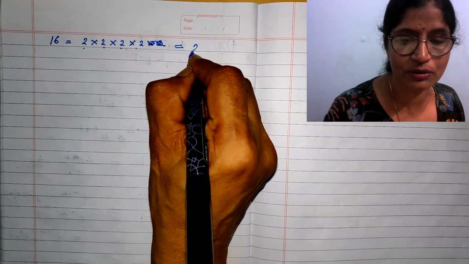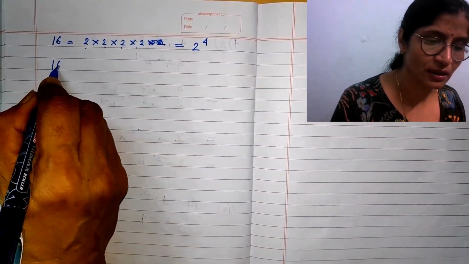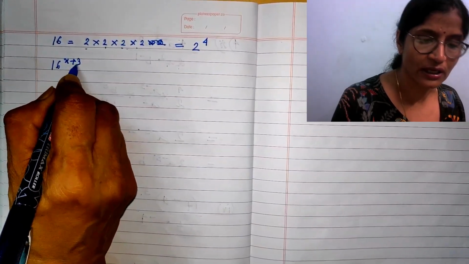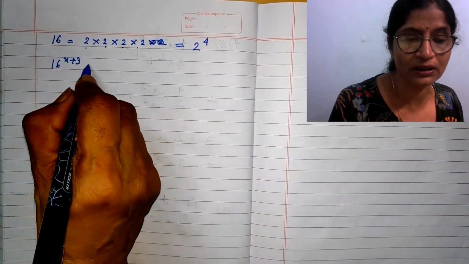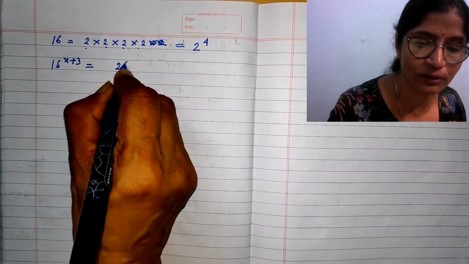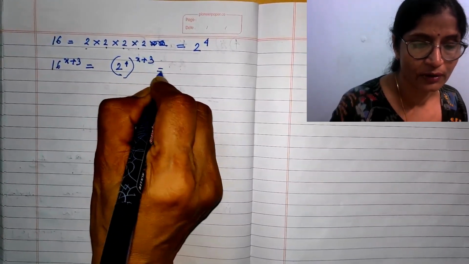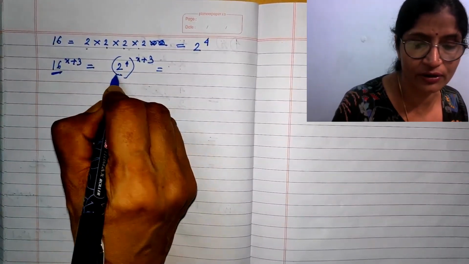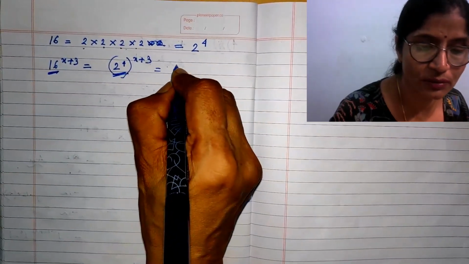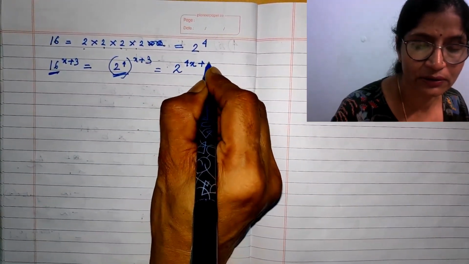Okay, so it is equal to 2 to the power 4. But next it is written 16 to the power x plus 3. I want to express it in the 2 to the power. So 16 is equal to 2 to the power 4, whole to the power x plus 3. This 16 I have written 2 to the power 4. So it is equal to 2 to the power 4x plus 12.